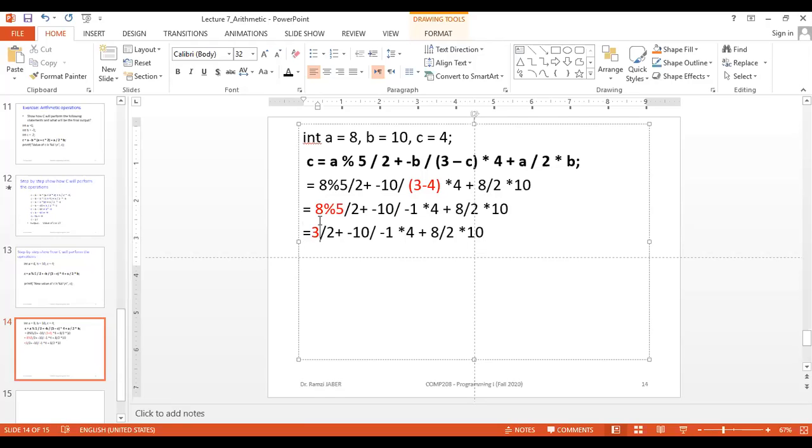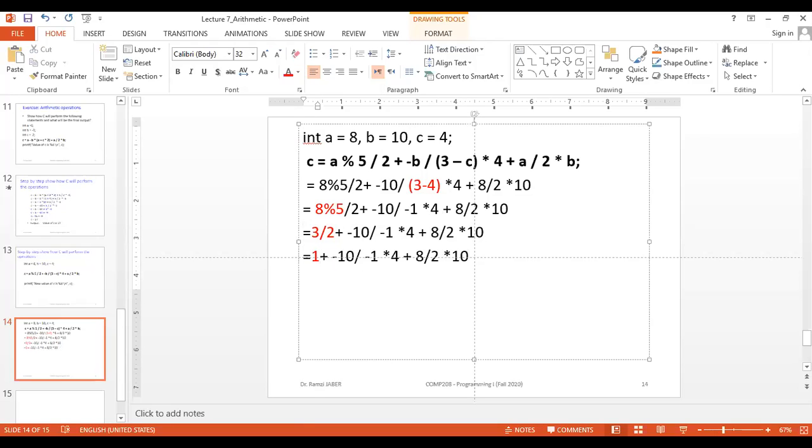Now we have division, plus, division, multiplication. So we start with this. Write the whole equation again. Now, 3 divided by 2 gives us what? 1, the quotient part, not 1.5.